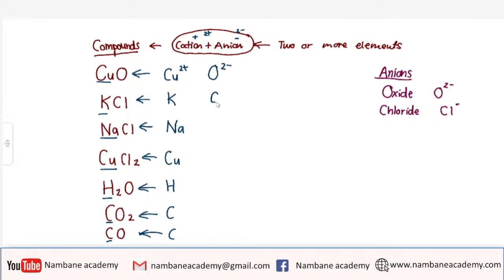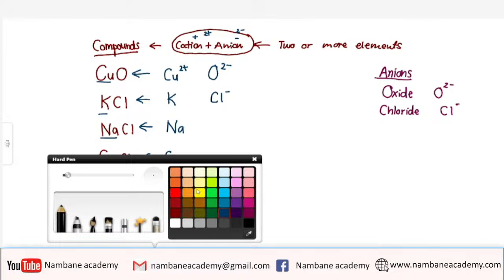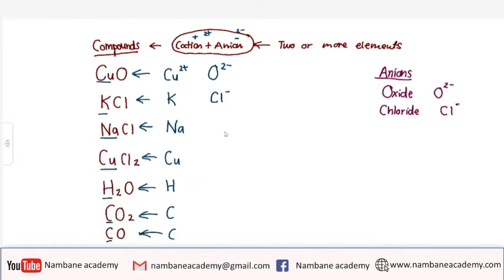Chloride, we know chloride is -1. So therefore, it means that the potassium is going to be +1 because these must match each other, must equal 0. So again, here you've got still your chloride. Chloride is always -1, so it means the sodium is going to be +1.